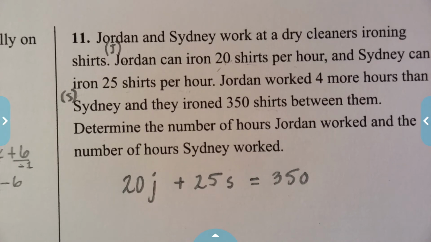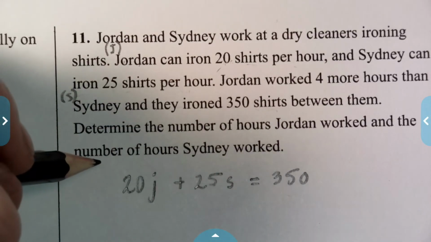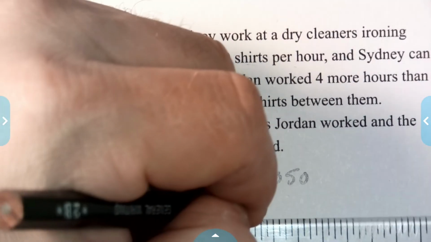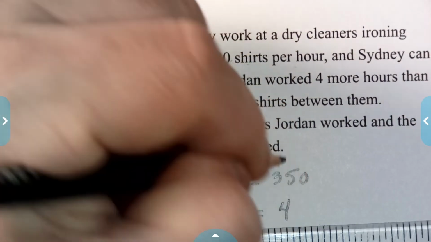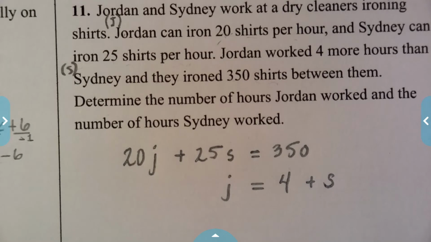Okay. Now we're also told that Jordan works 4 hours more than Sydney. So we're told that J equals 4 plus S. So 4 plus Sydney's hours. Okay.